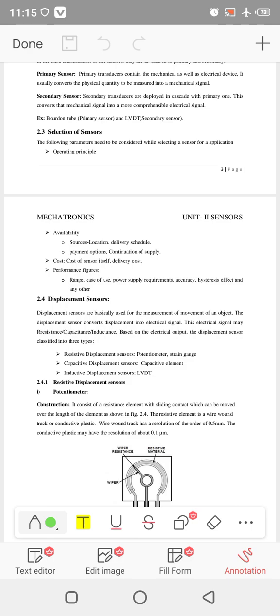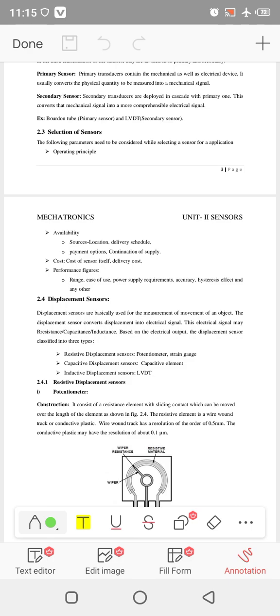The payment option: if our sensor is costly, it may become difficult to design our projects. The cost of the sensor itself and delivery costs, we should consider.